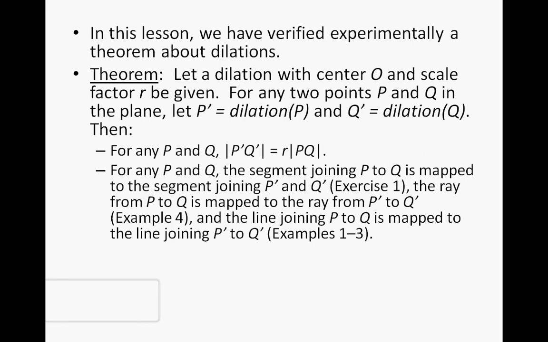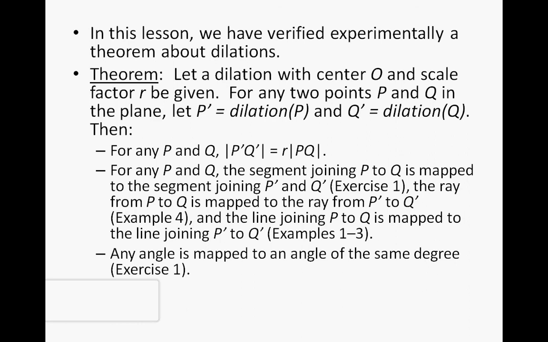That was example 4. And the line joining P to Q is mapped to the line joining P prime and Q prime, and that was throughout examples 1 through 3. And any angle is mapped to an angle of the same degree, which you did in exercise 1.